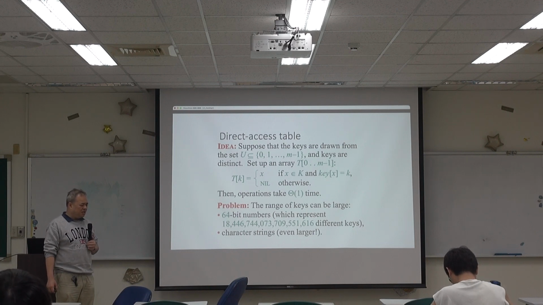Or if you consider, for example, our ID. The first character is a letter, and the rest, I think, are 9 digits, right? So it's like 10 to the power of 9 times 26.